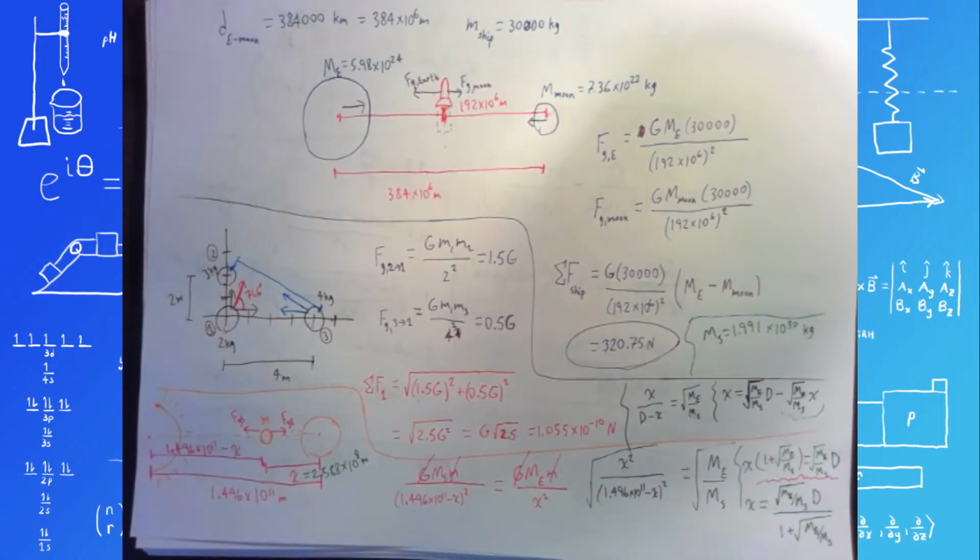Give or take. Let me see what fraction of the total distance that is. So if I do 2.588 times 10 to the 8 divided by 1.496 times 10 to the 11, that is 0.00173 of the distance, almost 2 thousandths of the distance between the Earth and the Sun.